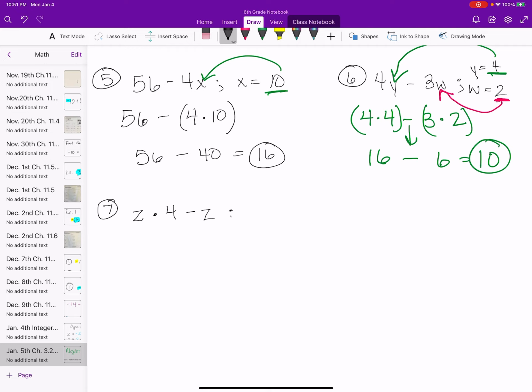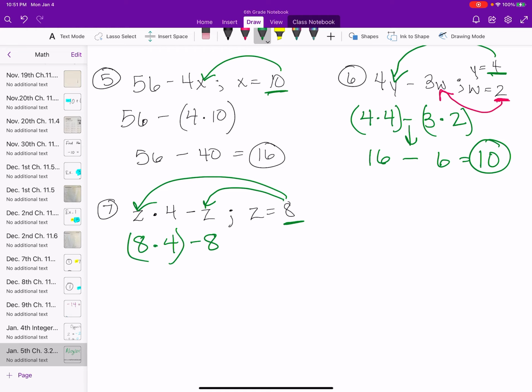And Z is equal to 8, okay? So we're gonna plug in 8 twice. We need to plug it in up here, and we also need to plug it in there. So we have 8 times 4 minus 8. We need to do our multiplication first. So we have 8 times 4 is 32, minus 8 gets us a final answer of 24.